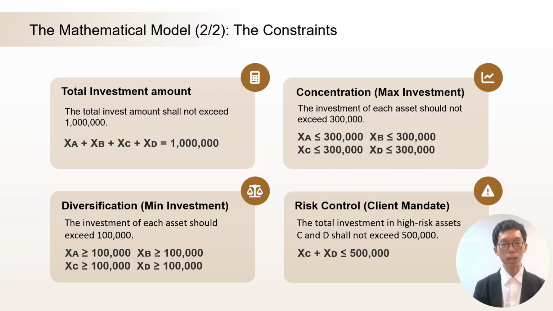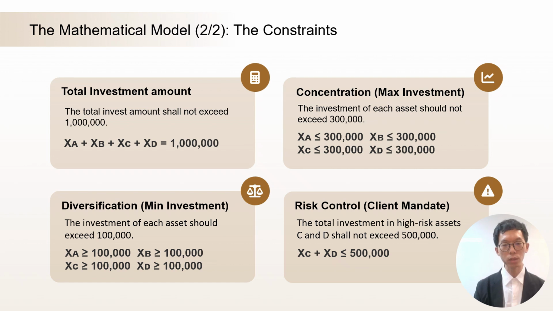And mathematically, we need to set some constraints. To begin with, the total investment amount should be no more than 1 million, but we also need to use each cent of the money, so the four assets should sum to 1 million. We also need to diversify and avoid concentrating the portfolio, so each investment in the portfolio should be less than 300,000 and more than 100,000.